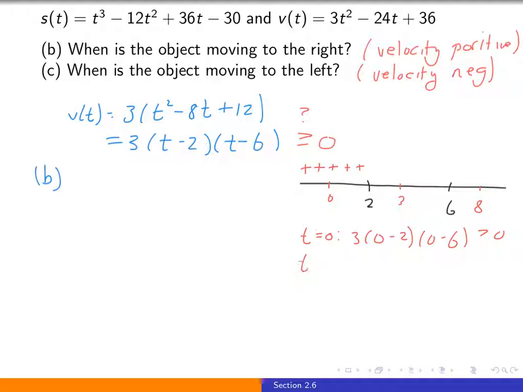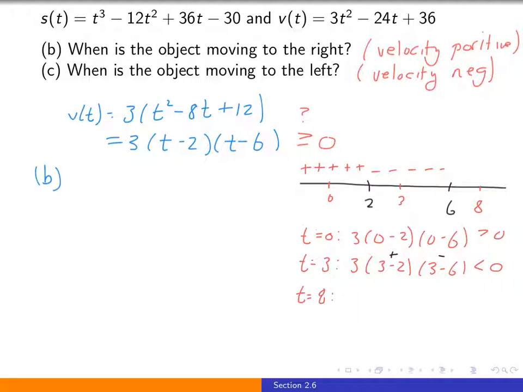In between 2 and 6, we check the point 3. So t equals 3 gives 3 times 3 minus 2 times 3 minus 6. 3 minus 2 is positive, and 3 minus 6 is negative. So we're negative between 2 and 6.